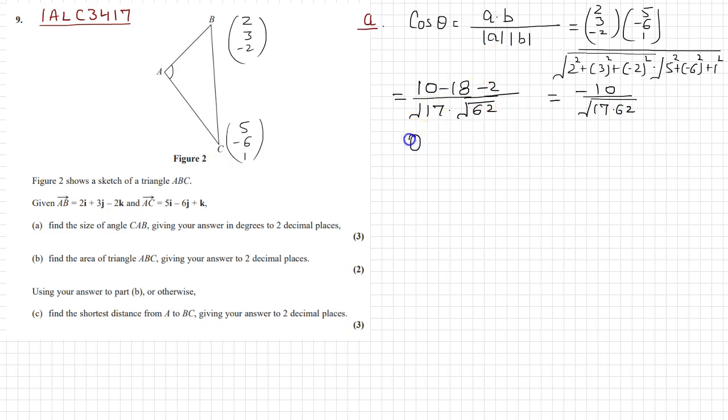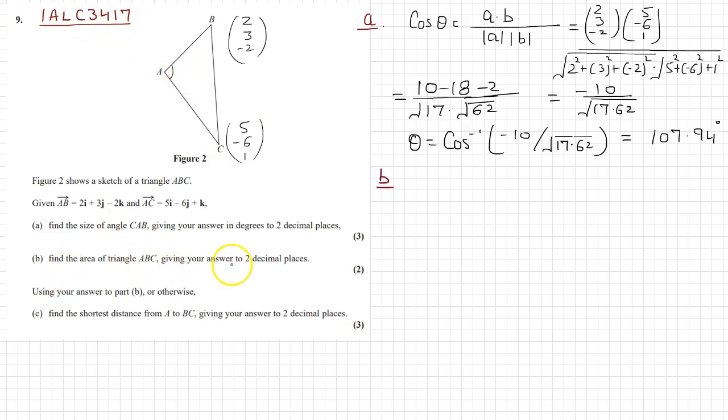So theta is equal to cos inverse of minus 10 over root 17 multiply 62. So if you calculate, you will get this answer as 107.94. So that is the angle A.